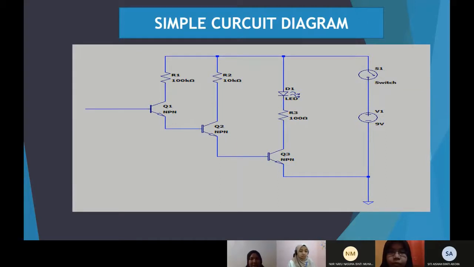The second component, resistor, is an electrical component that limits the flow of electric current in an electronic circuit. And the last component, the switch, is an electrical component that can disconnect or connect the conducting plate in the circuit, interrupting the electric current from one conductor to another. Thank you, and I will pass to the next presenter.